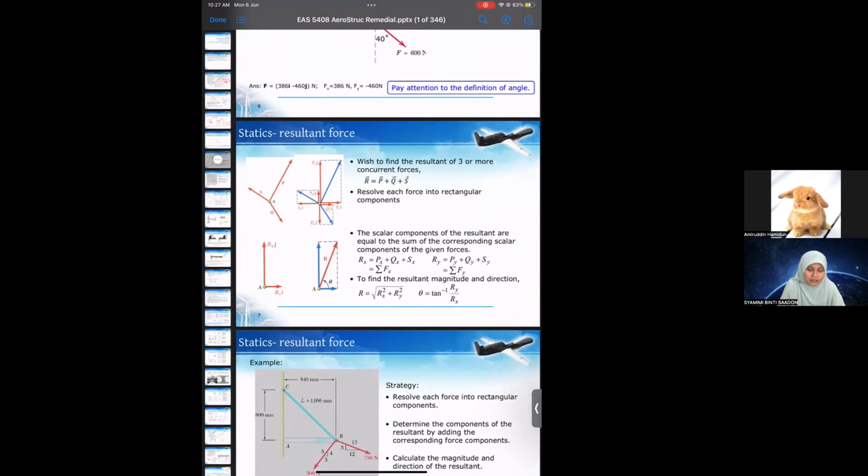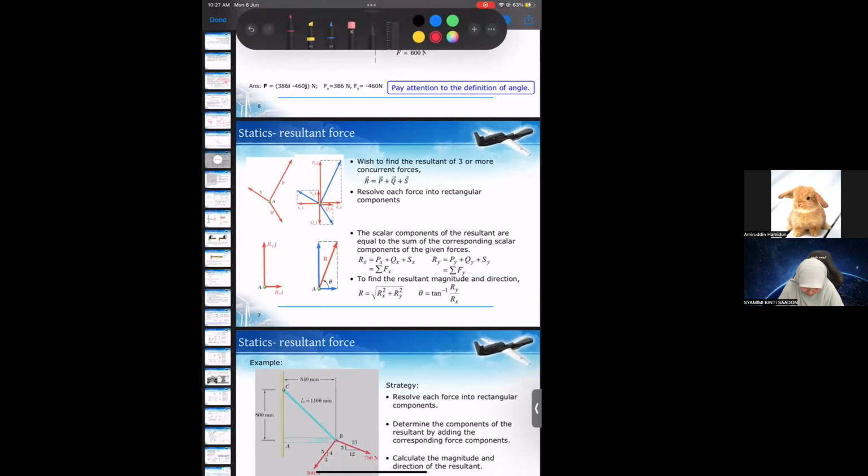For example, here R is the resultant of the three forces P, Q, and S. We can calculate R by knowing all three forces P, Q, and S, each with their own directions, X and Y: PX, PY, QX, QY, SX, SY, etc.